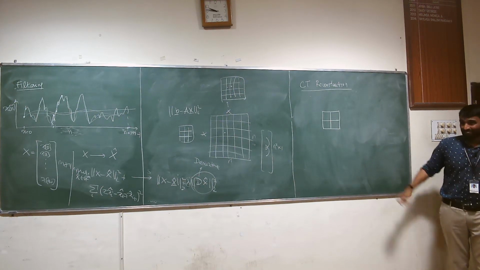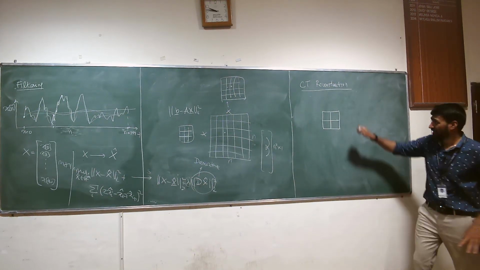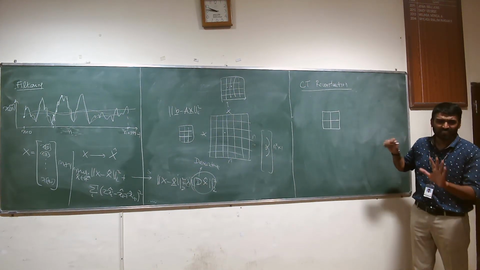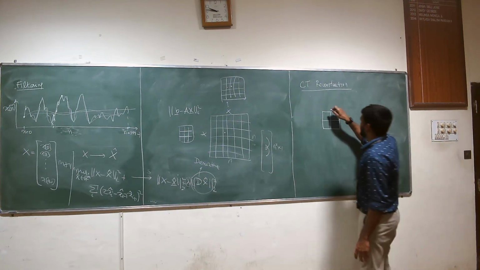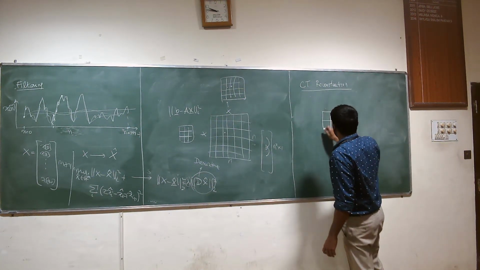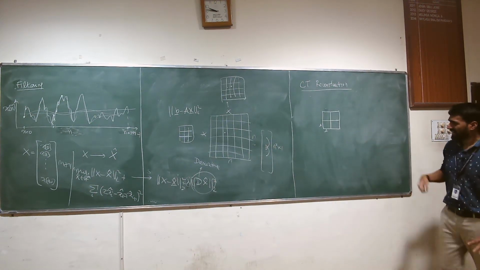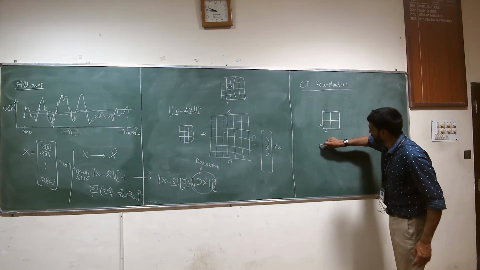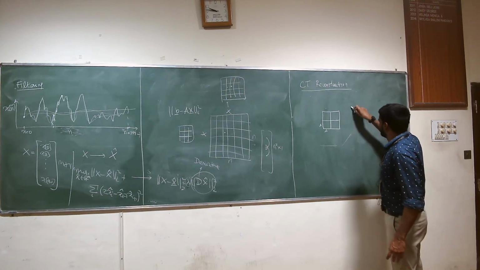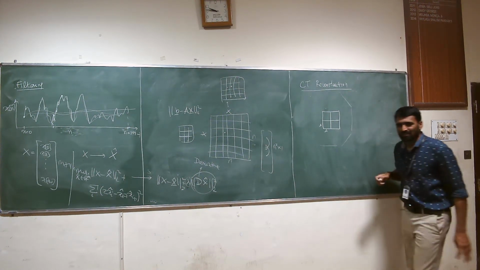Let's say we had an image or an object that we were trying to image, and let's say it only had 4 pixels. Okay. And the width of these are, let's say, delta. Okay. Again, I'm going to take a relatively simple example to keep the math simple.